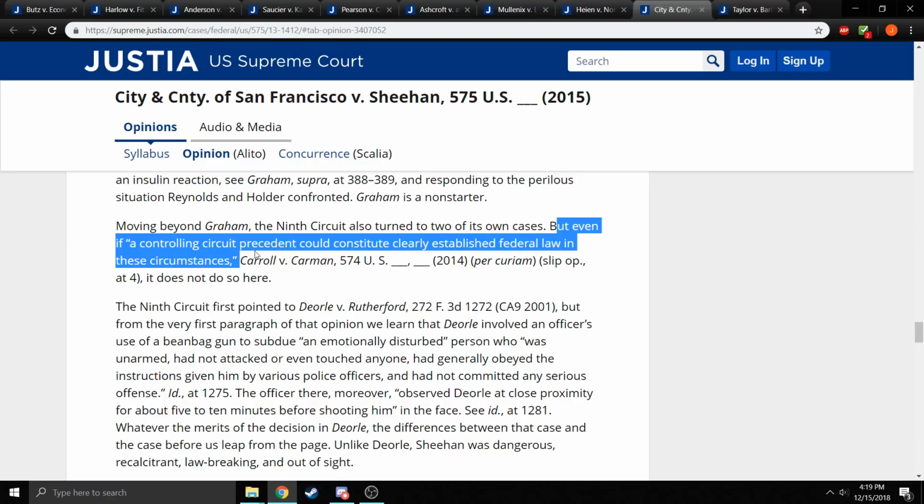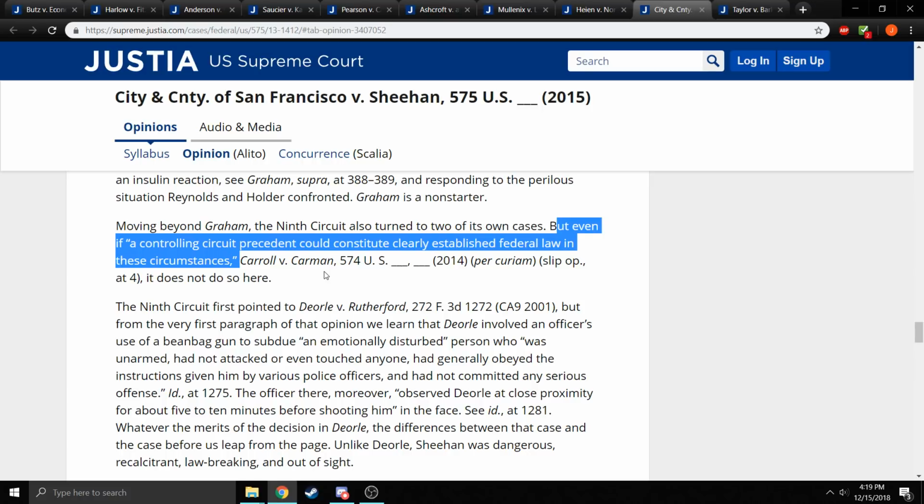But even if a controlling circuit precedent could constitute clearly established federal law in these circumstances, it does not do so here. What it's saying is that it's not clear at this point if a controlling circuit precedent constitutes clearly established federal law.